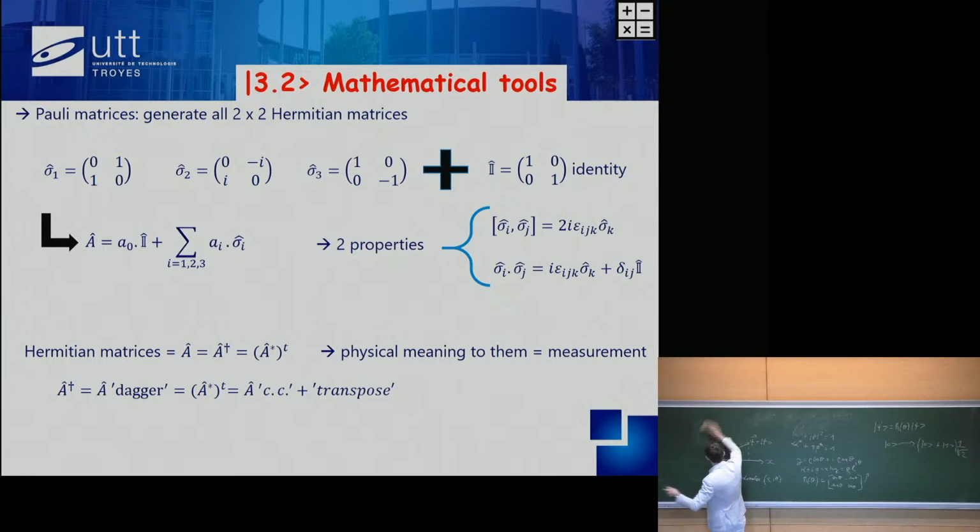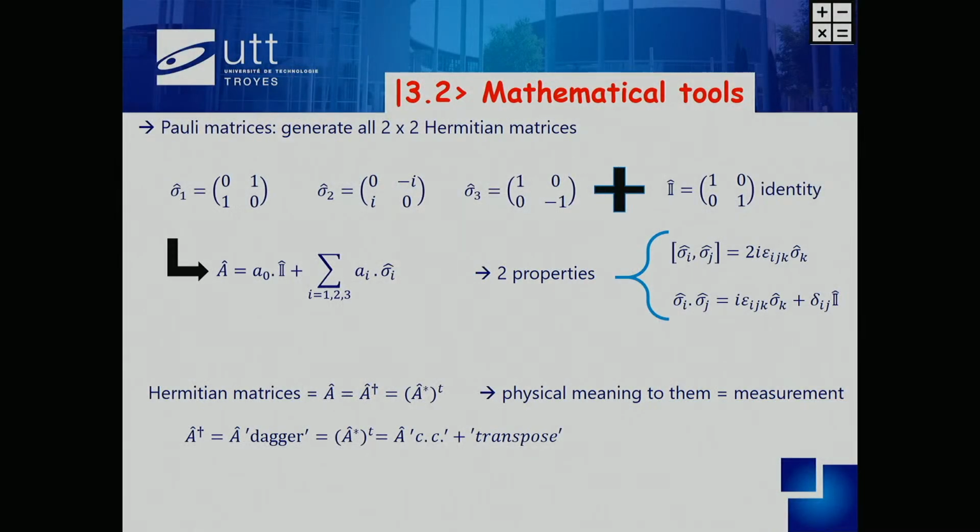You will see later on that in quantum technologies, it's a bit like a board game. There are some rules, you just need to get on with it and apply the rules. So here, the dagger rule is a rule like another one that we need to apply for our quantum gates and for our applications in quantum communication and quantum computing.